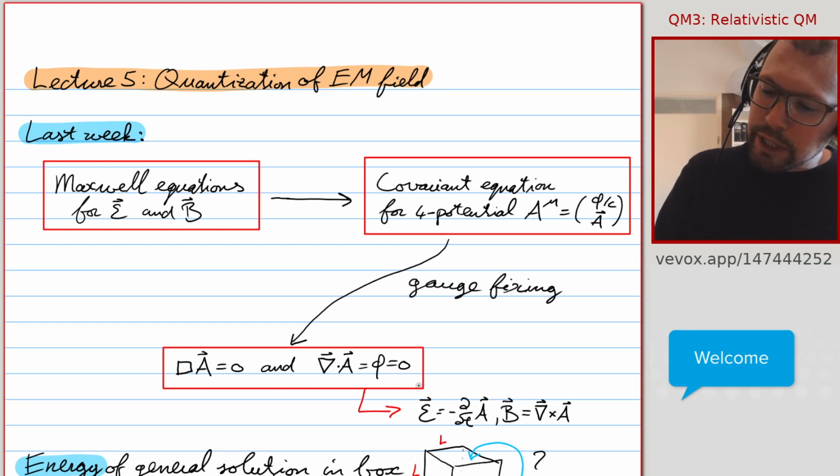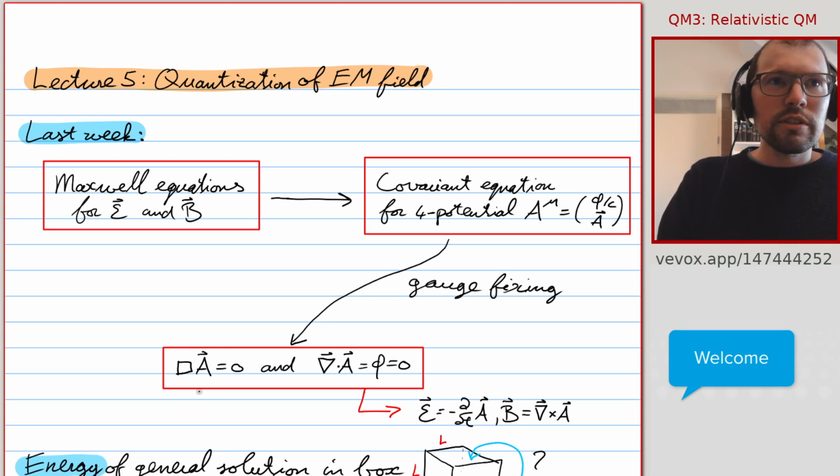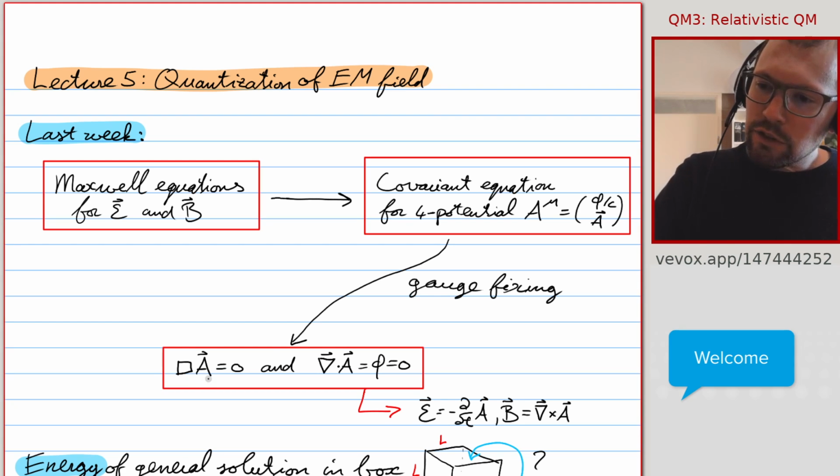And the equations we then got are simply the D'Alembert acting on the vector potential. So this is really, if you like, the wave equation.